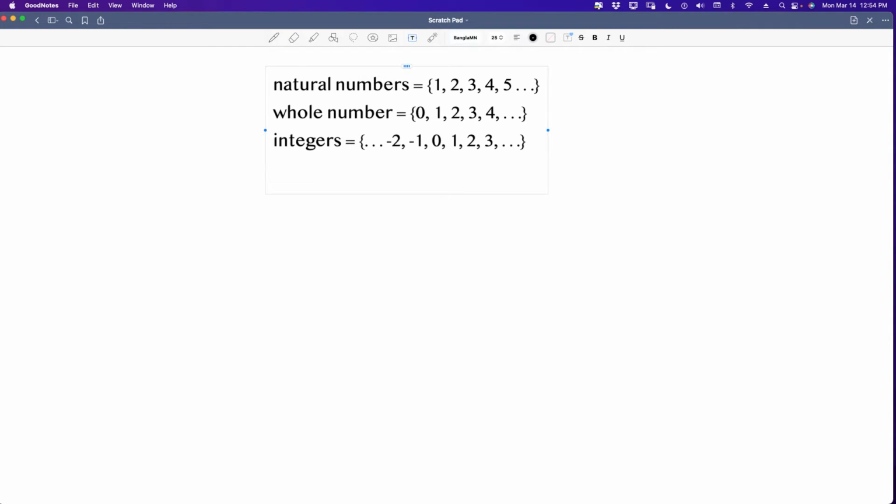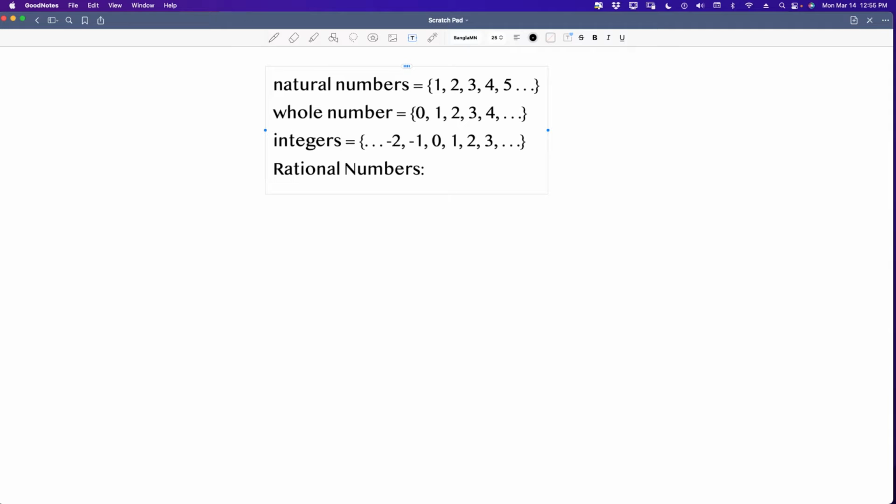Now, then we have something called rational numbers. And they include everything on the number line, including the spaces in between the numbers.